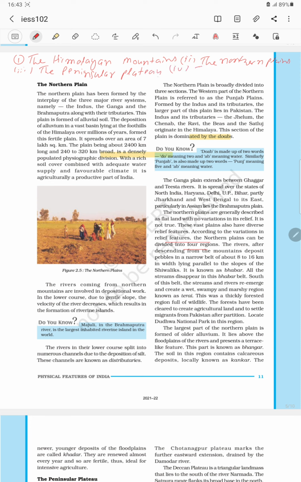Fourth one, the Indian desert. Fifth one, the coastal plain, and sixth one is the Islands. So physically, India is divided into six parts.